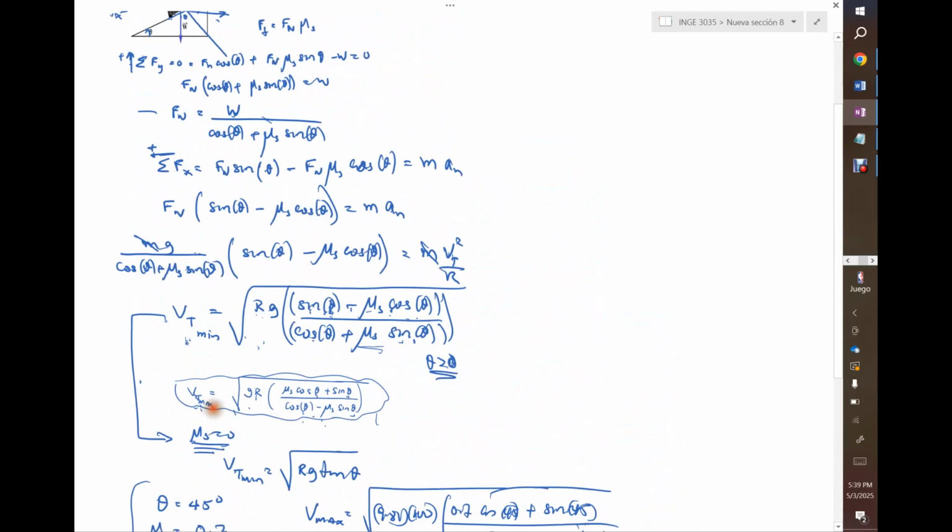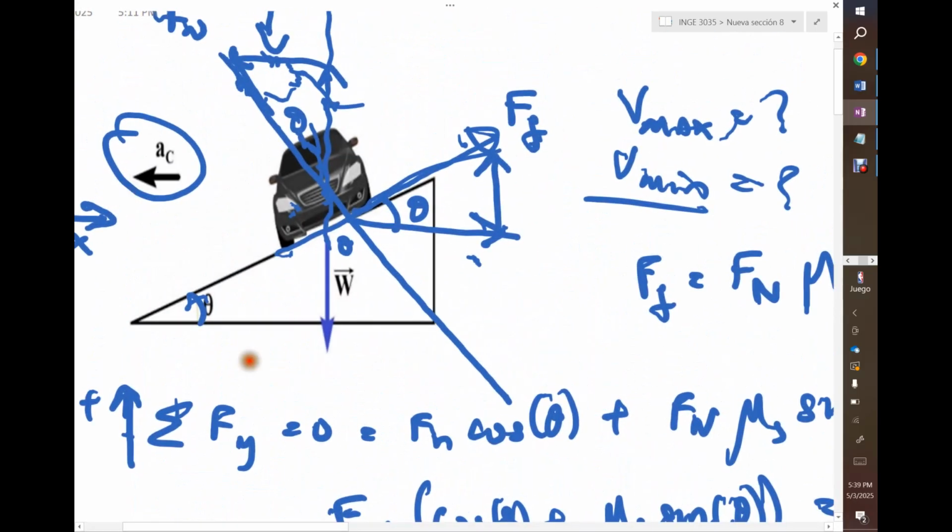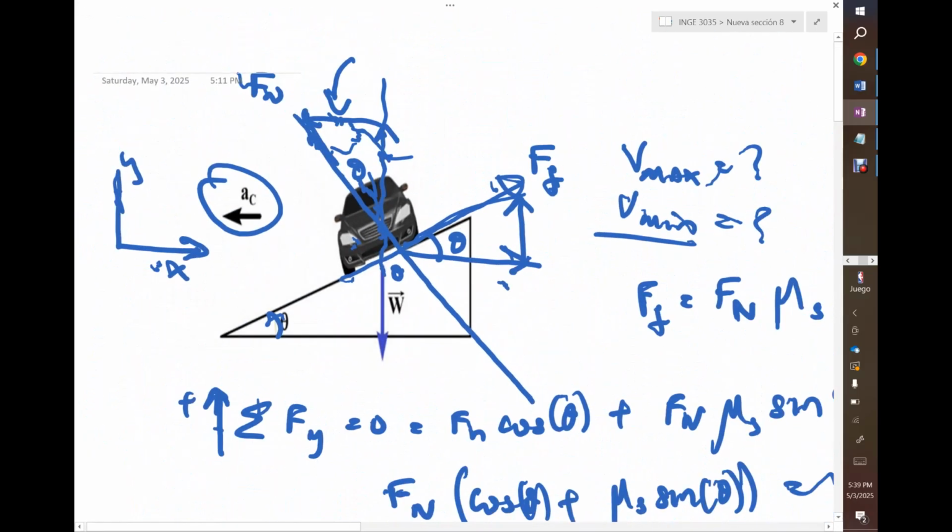So that basically covers this kind of forces. Be sure that you understand where the centripetal force acts upon the car, so that we can work out the proper coordinate for that acceleration and get everything right.